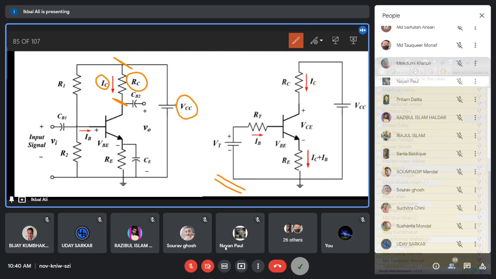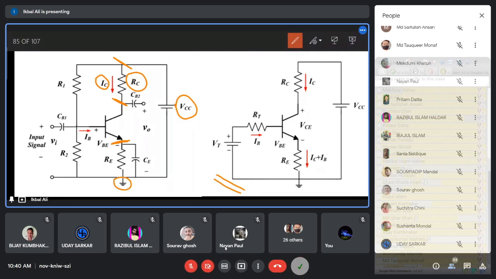But now in this circuit you see that the emitter is not directly connected to the ground. But in case of fixed bias or the collector to base bias circuit, you have seen that the emitter was directly connected to the ground. This was the major drawback of the previous two circuits. The emitter directly connected to the ground in the earlier two circuits actually reduces the stability.